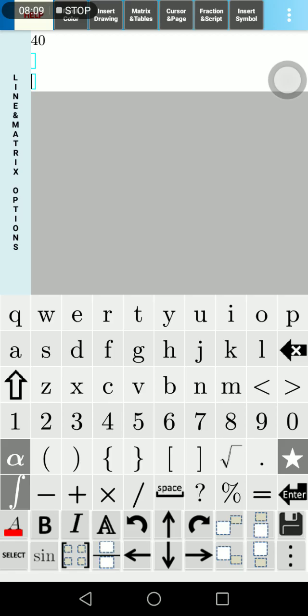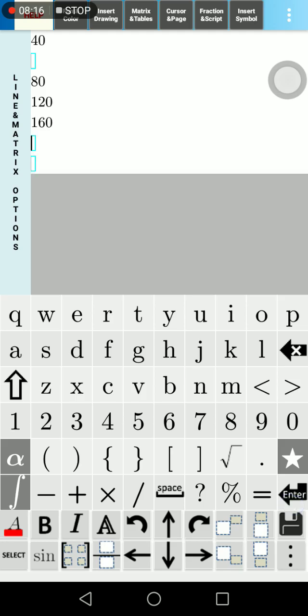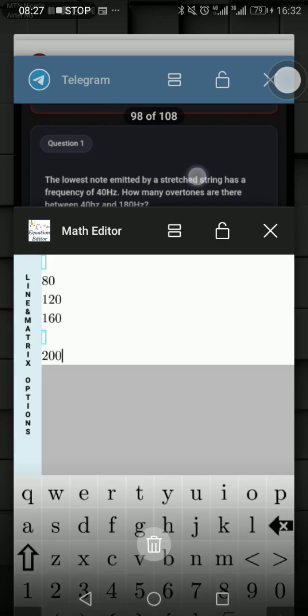So the first one is 80, that's 40 times 2. Next is 120, that's 40 times 3. Next is 160. The next one is going to be 200, and 200 is above 180. They said between 40 and 180, so you have 3 overtones: 80, 120 and 160. So 3 overtones, option B.